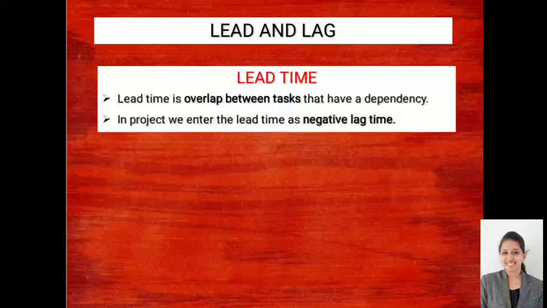First, what is lead time? Lead time is the overlap between tasks that have a dependency. For example, think of excavation as an activity. Now if you input one more activity, getting all the equipment to the site, and establish the relationship between both, you can say the equipment should be on the site on the day you carry out the excavation, right?